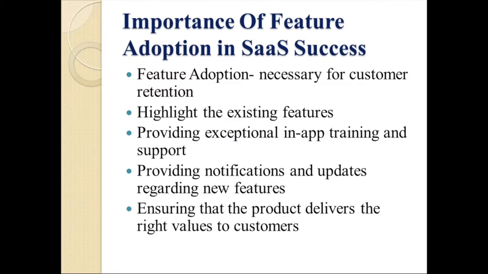It is necessary to highlight the existing features a particular product has, because users should know that such and such features exist within your product. Then only he'll be able to use and explore it to his benefit. And in order to make this learning process easier, it is also essential to provide them with adequate training and support.